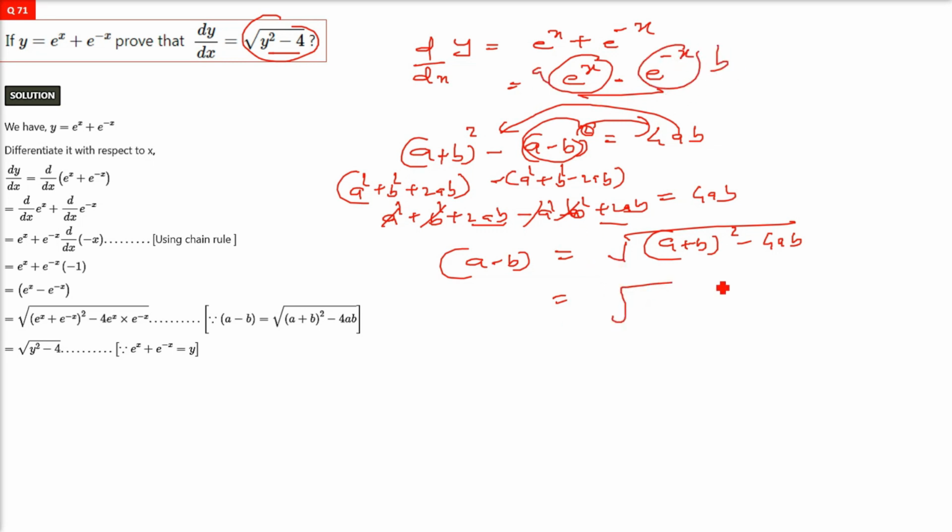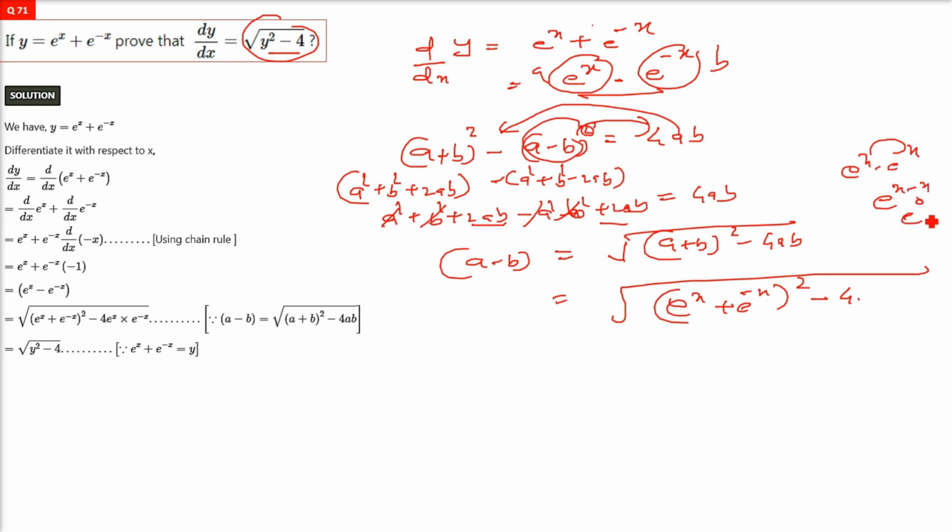So let us write like this: a plus b whole square, so we have e to the power x plus e to the power minus x whole square, and minus 4 into a into b. What is a? E raise x. What is b? E raise minus x. The powers get added. X plus minus x, that is x minus x is 0. So e to the power 0, that is going to be 1.